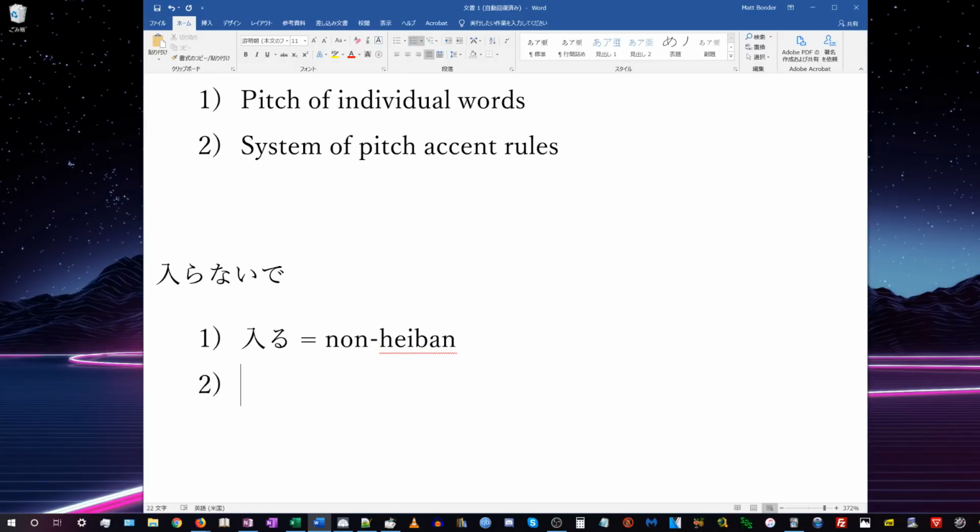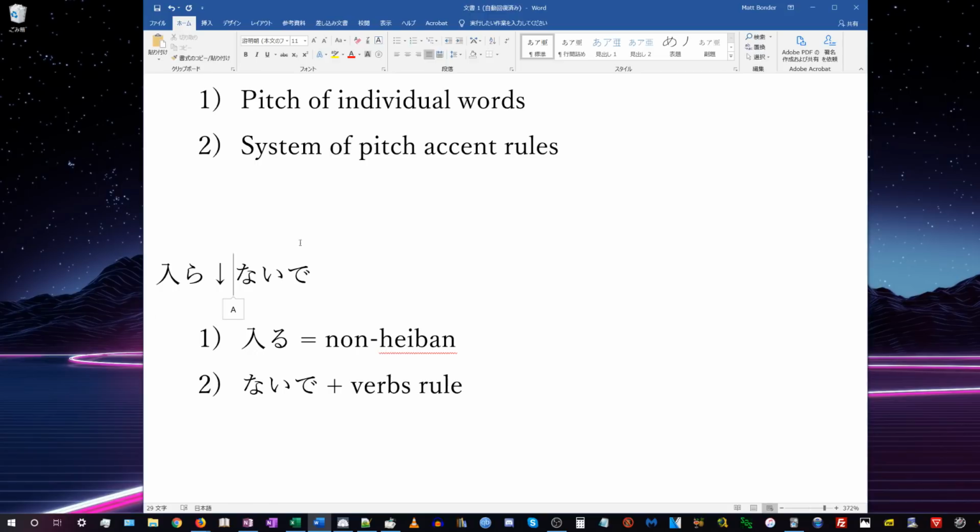And then you also have to know the rule for when naide attaches onto verbs. So it just so happens that when naide attaches onto verbs, if it attaches onto a heiban verb, then it's going to drop after the na. And if it attaches onto a non-heiban verb, it's going to drop before the na. So because hairu is a non-heiban verb, that means it's going to be dropping before the na.